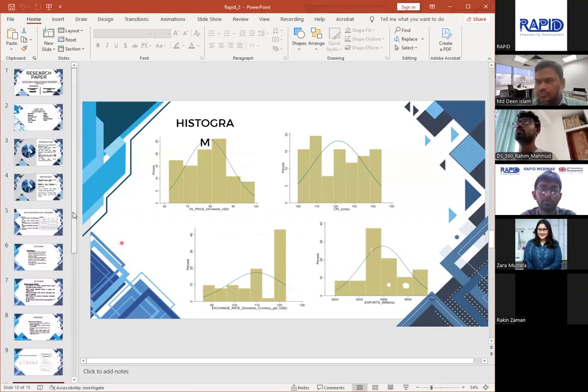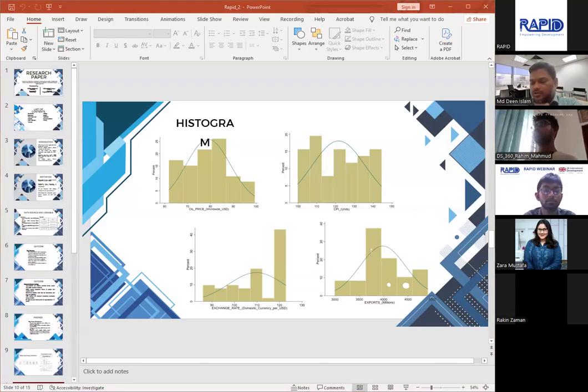A histogram is useful when you have categorical data or discrete data in cross section. But if you can add time series graphs, that can indicate whether there is a trend in your data or whether there are any other issues in the data you are using.